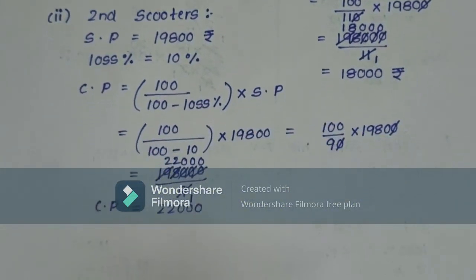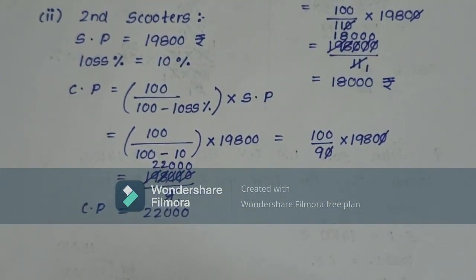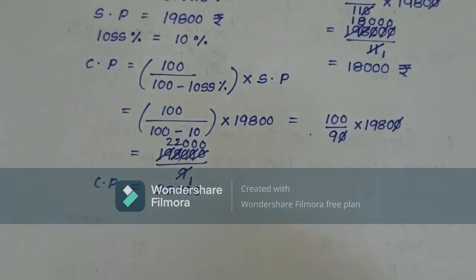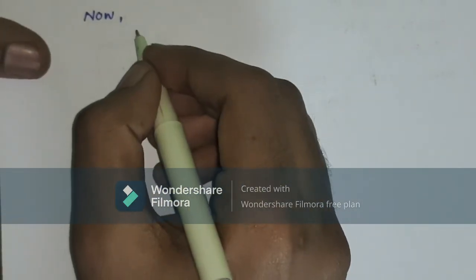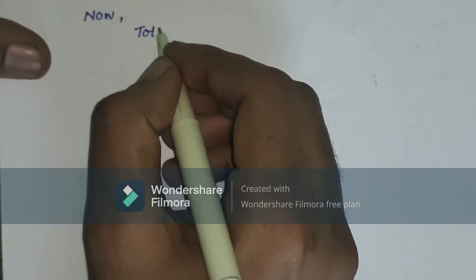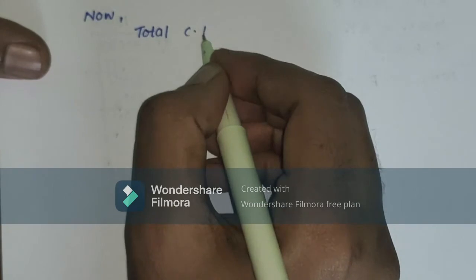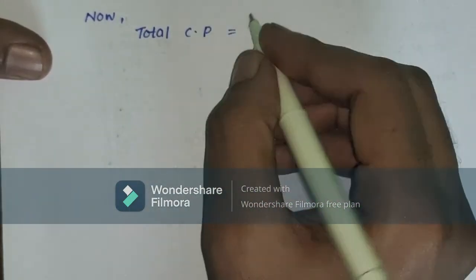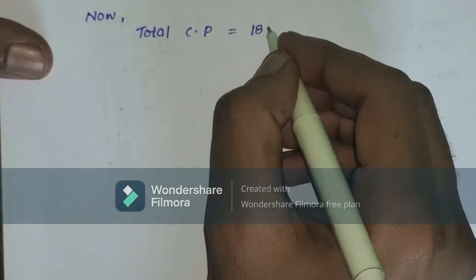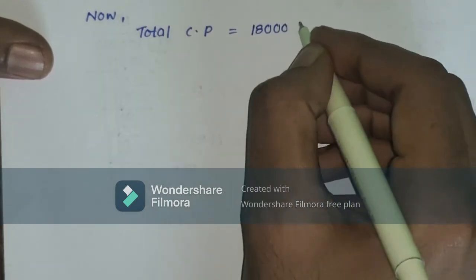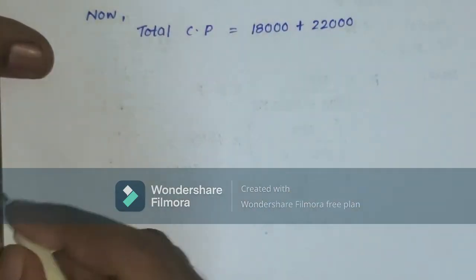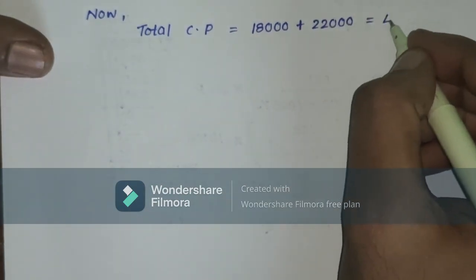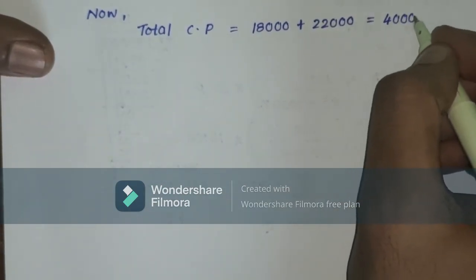That means for the whole transaction you require total CP and total SP. Yes, so student, let us find out the total CP and total SP. So you will say now total CP, the first CP is 18,000 and the second CP is 22,000, right? That means the total CP will be 40,000, student.